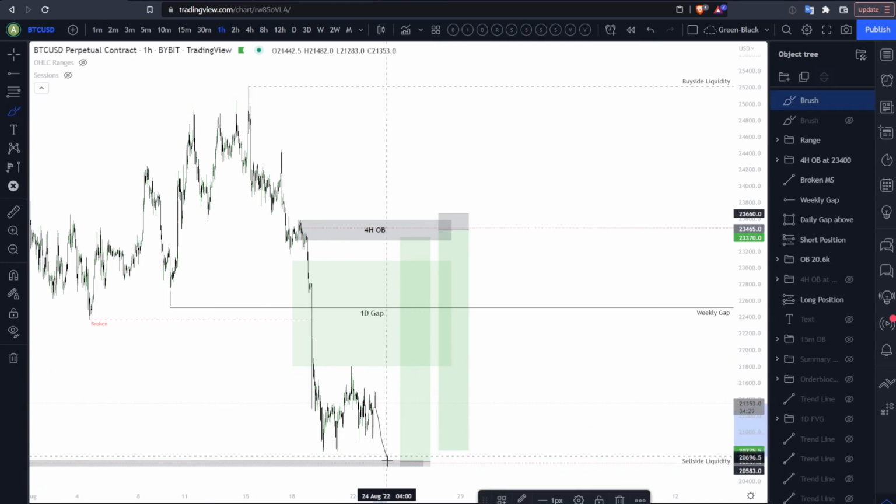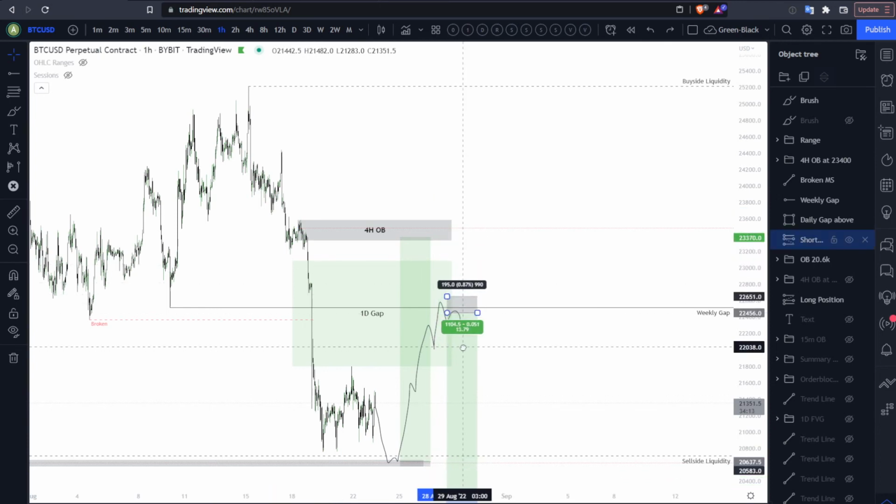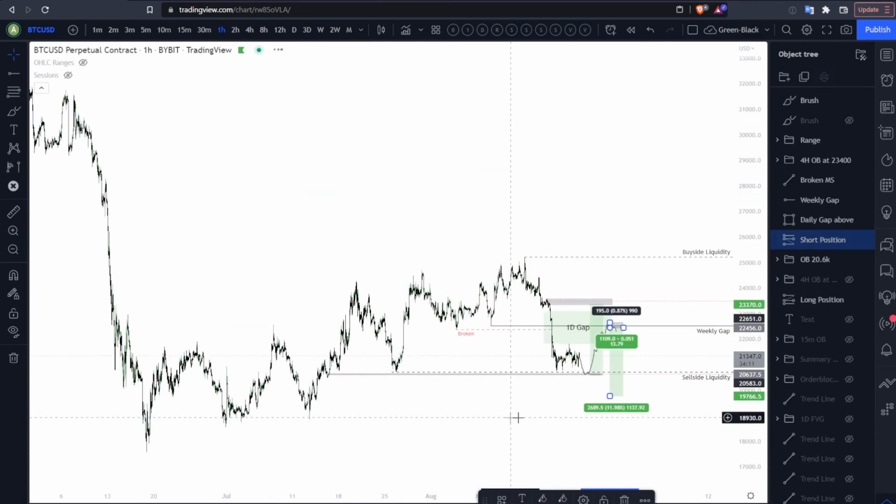And if we are doing something like this, change of market structure here, then this will be my short position, targeting lower.